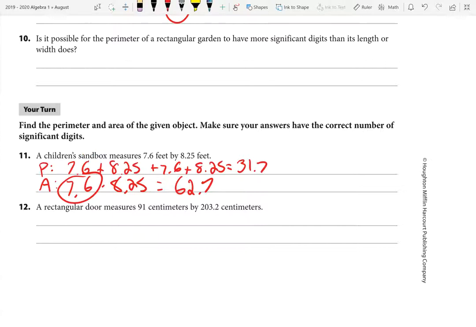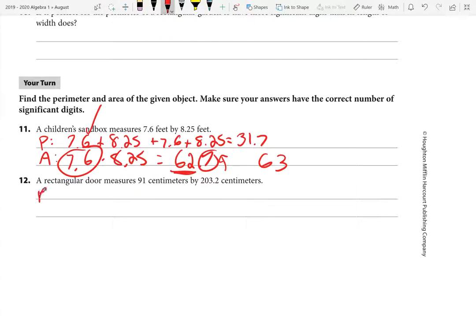The least precise measurement was the 0.6 here, 7.6, which is the tenths place, which means our answer should be rounded to the tenths place. Whereas for area, our least precise value has 2 significant digits, so our answer should have 2 significant digits, which means we round up to make this 63 square feet. It's very crazy.